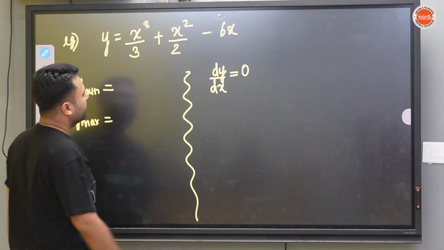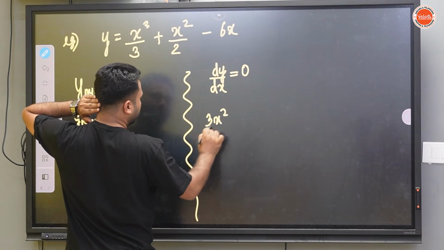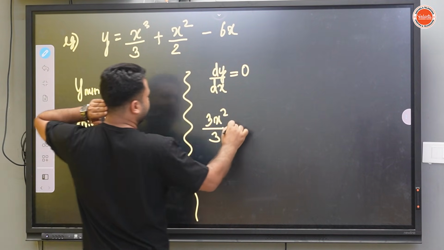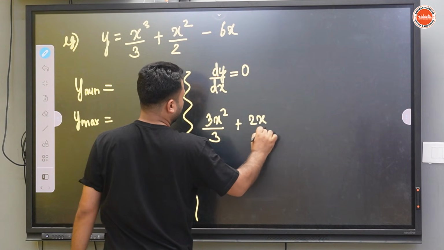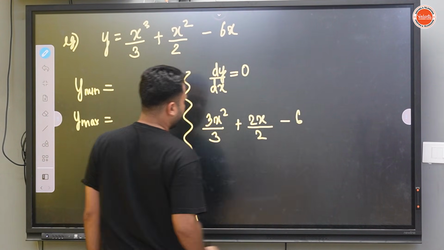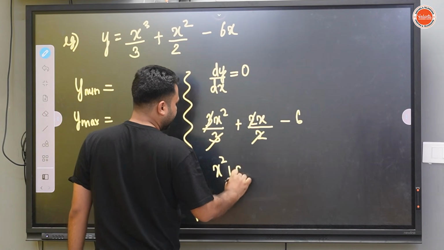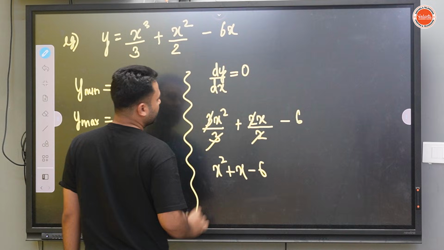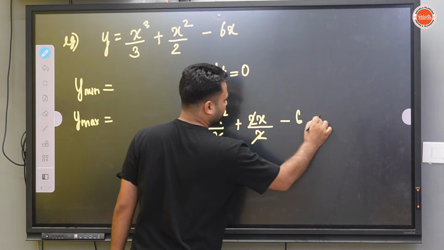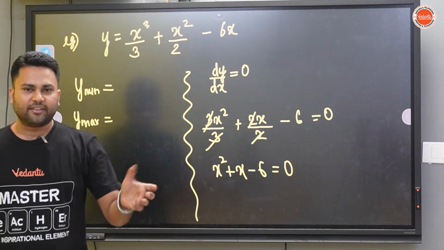Differentiating x cube gives 3x square by 3, plus x square differentiation gives 2x by 2, minus 6. So 3 cancels, 2 cancels, so x square plus x minus 6. This is dy by dx, and this has to be 0. This is the same equation that I gave yesterday.